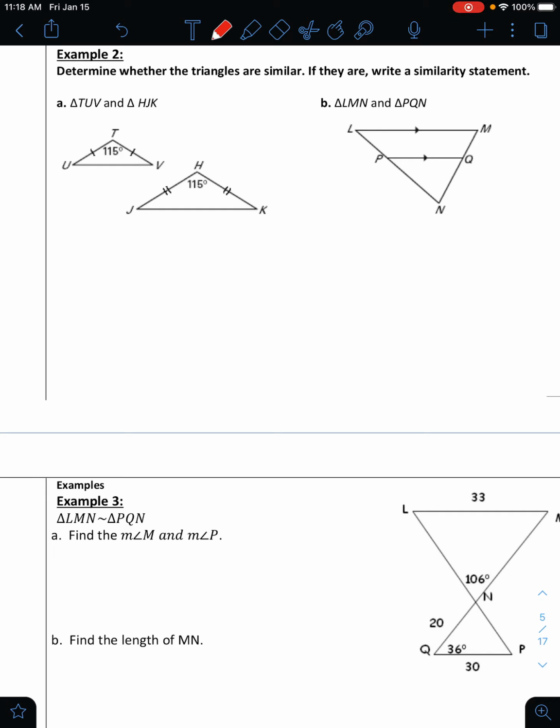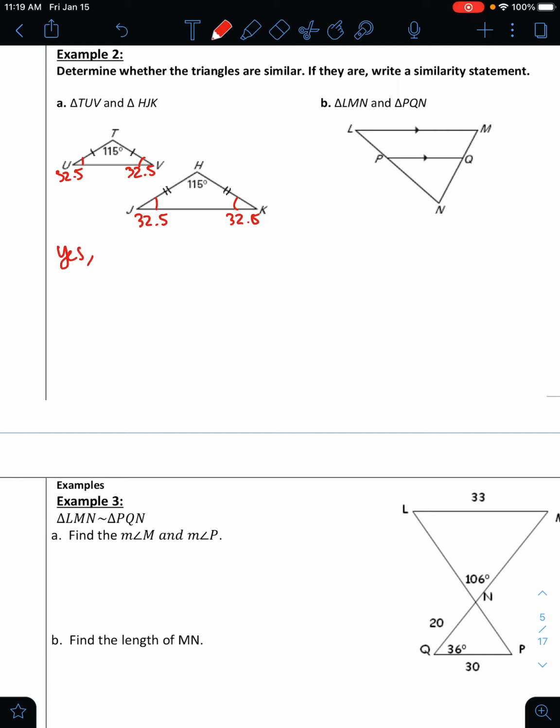Okay, on this first one, I know these are isosceles, so I can calculate that number. If I do 180, take out 115, I get 65. And then if I divide that by 2, I get 32.5. And so therefore, these are similar by AA.